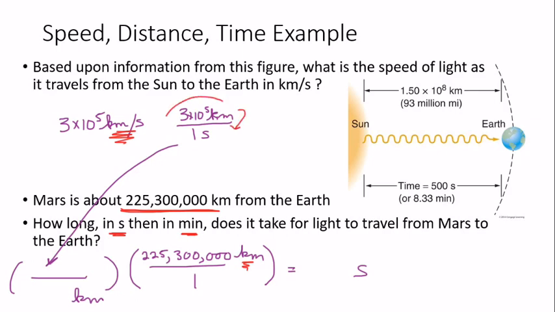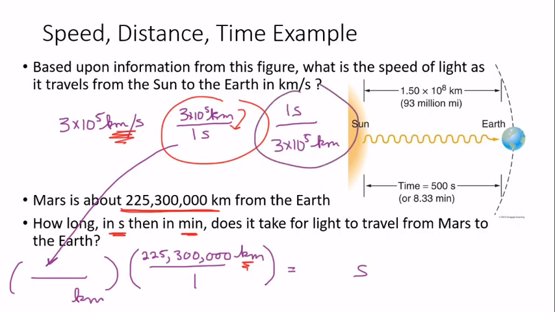So I could restate that as in 1 second, light will travel 3 times 10 to the 5th kilometers. That's the same thing as the speed of light, except what we call the inverse or the flipped version. So that is what I'm going to put down here: 1 second over 3 times 10 to the 5th kilometers.